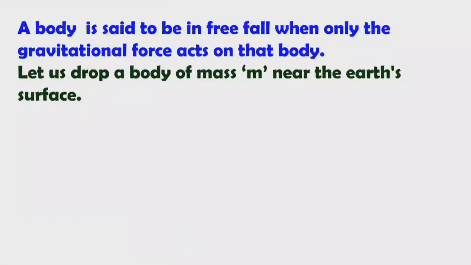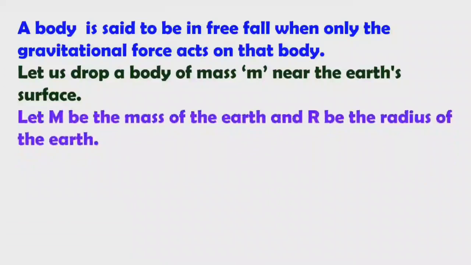Let us drop a body of mass m near the earth's surface. Let capital M be the mass of the earth and capital R be the radius of the earth.